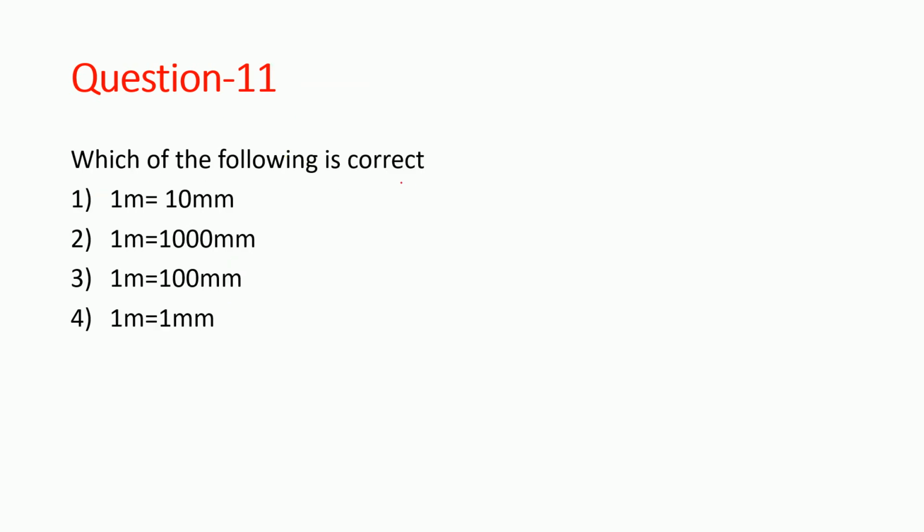Next one, which of the following is correct? So here, as I said, 1 meter equal to 100 centimeters. So he is asking about 1 meter equal to dash millimeters. Here 1 centimeter equal to 10 millimeters.